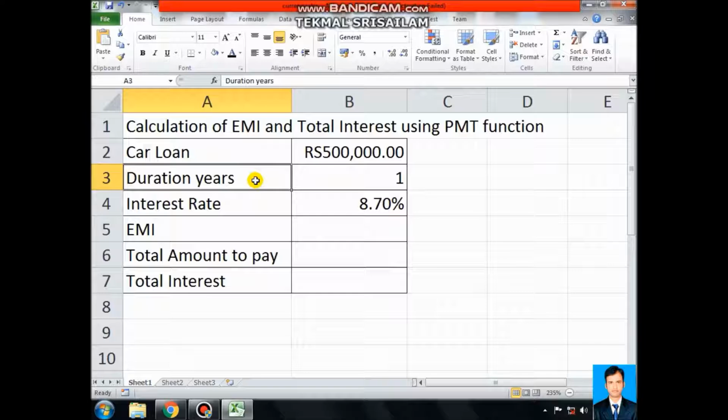Here I have taken the example of a car loan with zero down payment. I have some parameters here. The car loan is worth 5 lakh, the duration is 2 years, and the interest rate per annum is 8.70%.